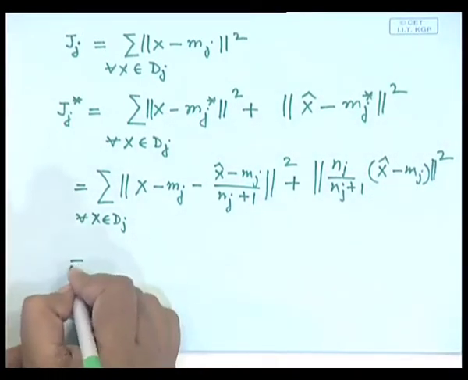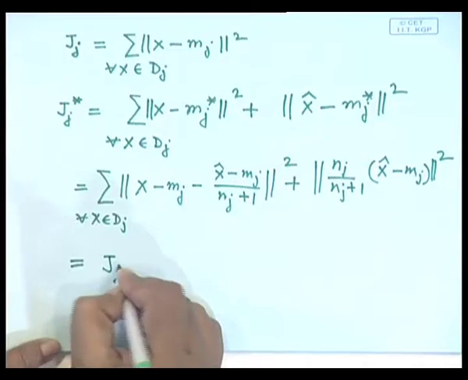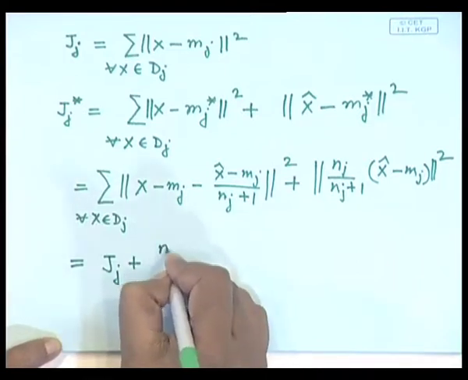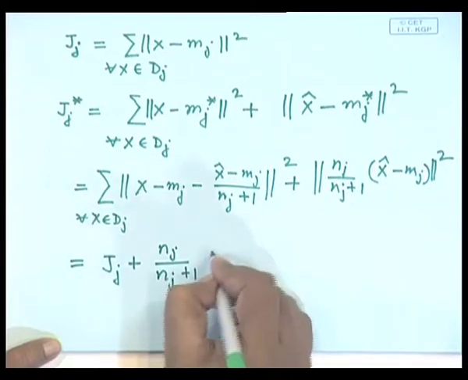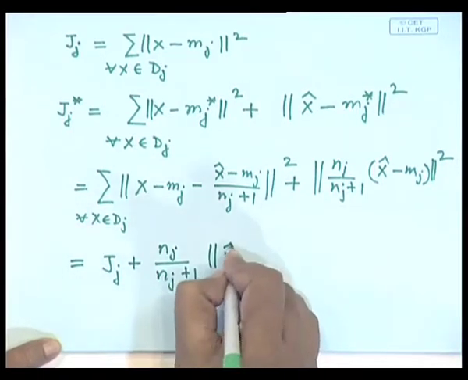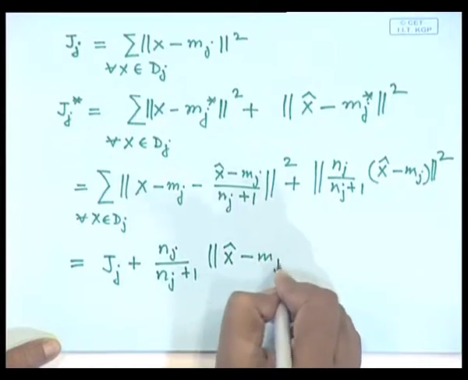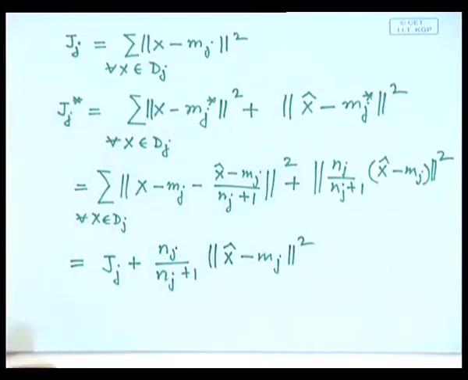This can be simplified as X j plus n j by n j plus 1 into x hat minus m j squared. Okay.